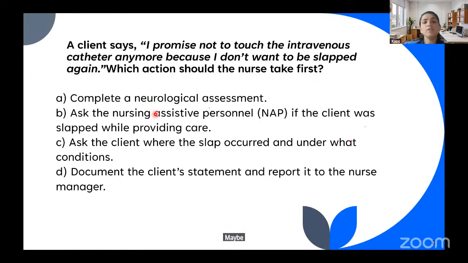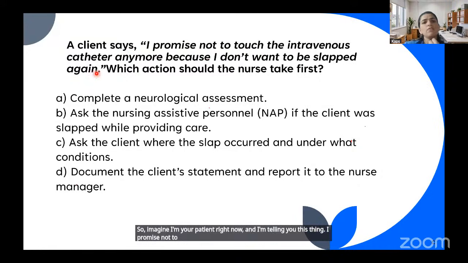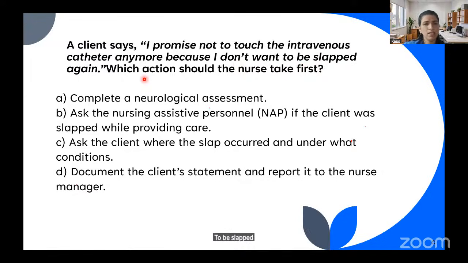Maybe you have to do everything, but think about it. What does the question say? Imagine I'm your patient right now and I'm telling you this. I promise not to touch the IV catheter anymore because I don't want to be slapped again, right? When I'm saying this in front of you, what is the first thing you're going to do right away before you do something else?